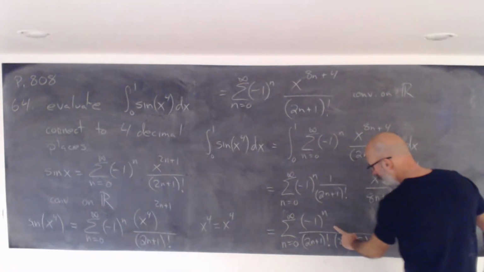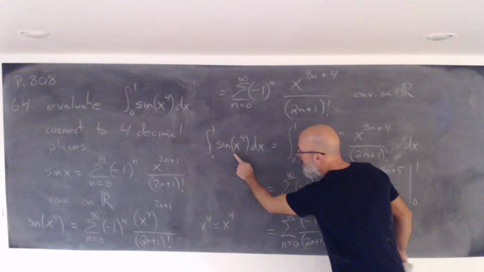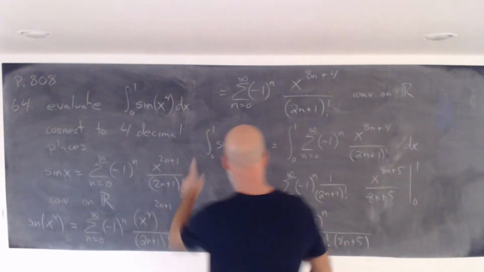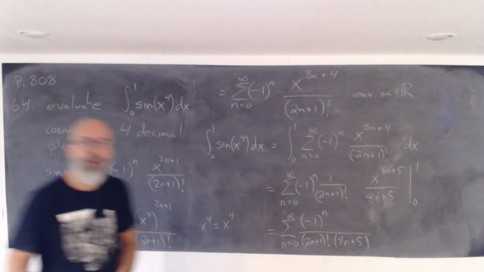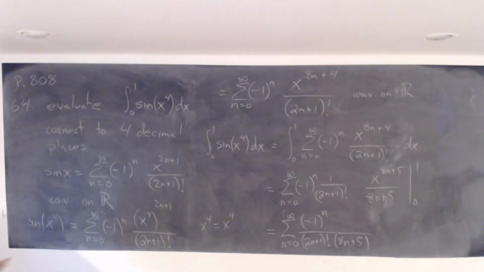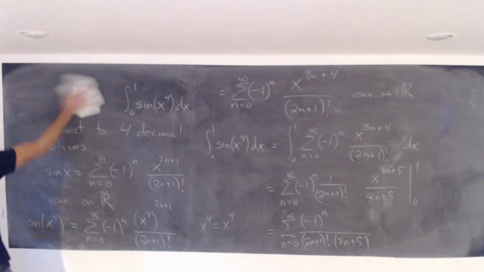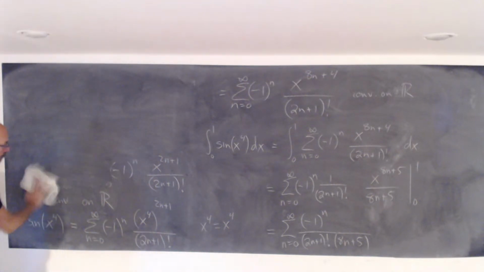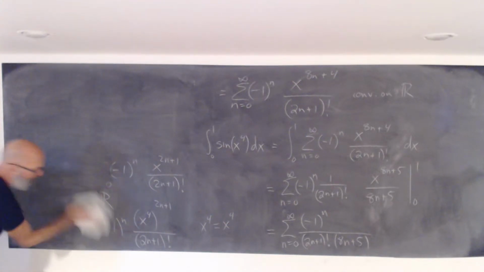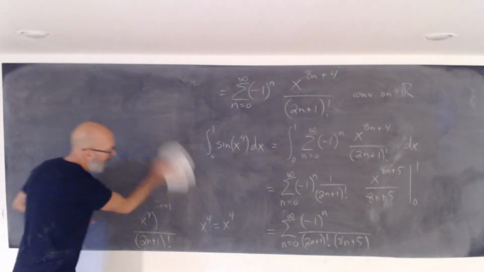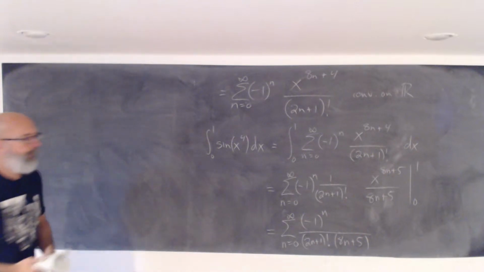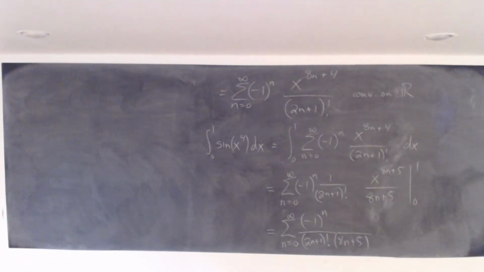This is exactly this integral. That integral is exactly this value. But of course, we don't know what that value is. But we can approximate it. And we want the approximation to be correct to 4 decimal places.